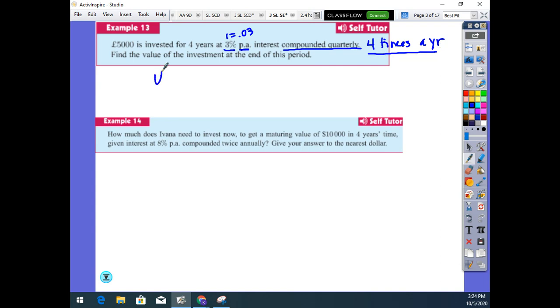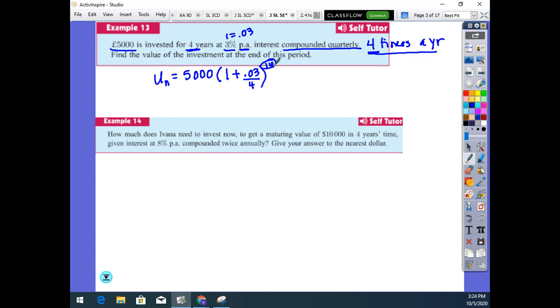U sub n equals our principal, our initial amount, 1 plus, we have to take our rate and divide that by the number of times per year. And then how many times will it be compounded? For 4 years, we're going to do it 4 times a year, so that's 16.